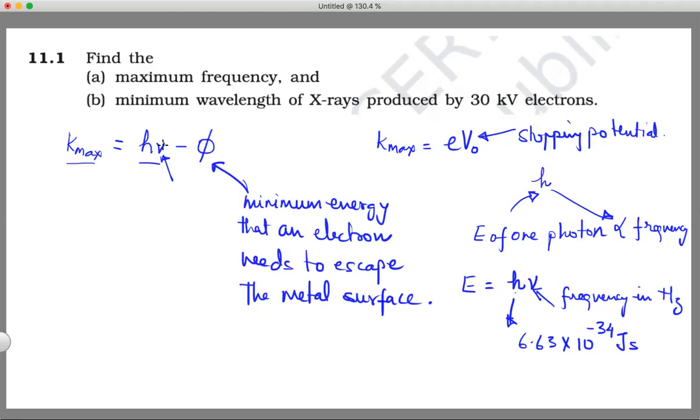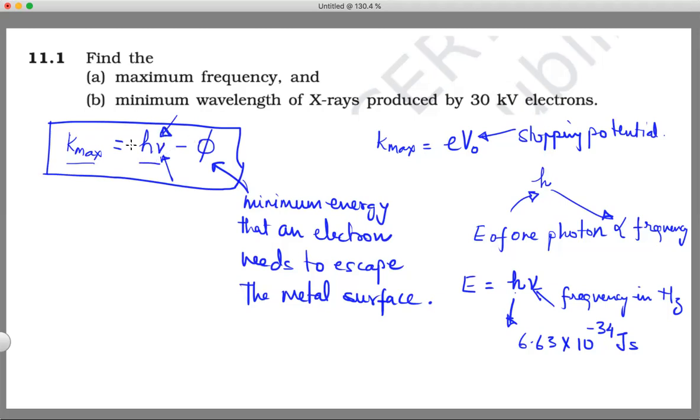Now, if you look at this equation, which is Einstein's equation, when we know all this, it's very easy to understand, because this is the energy that is given to the electron by the photon. This is the energy of the photon. When the photon strikes the electron, it gives its entire energy to the electron.